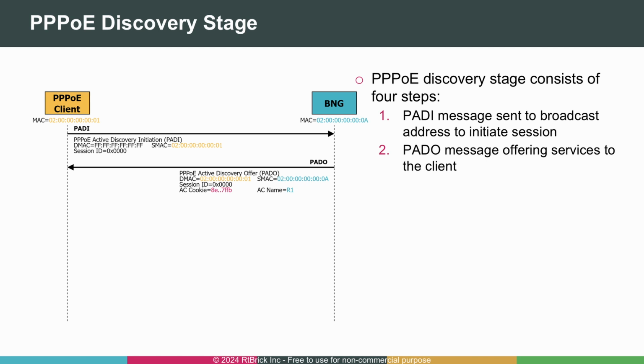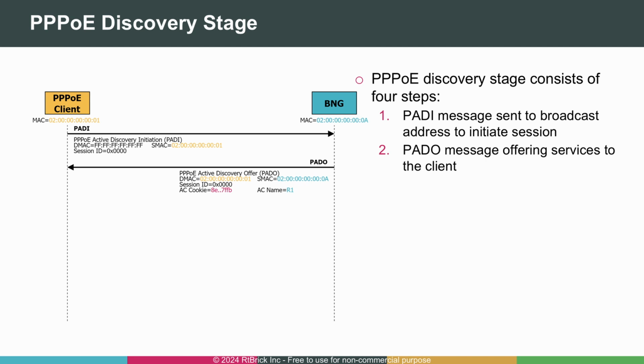The PADO packet contains a session ID, set to 0, the access concentrator name, and one or more service names indicating the details of the offered services. Note that RBFS does not support the configuration of service names at this point. As a result, the service name is simply copied to the response packet. If no service name is present, RBFS will include a default service name called access.